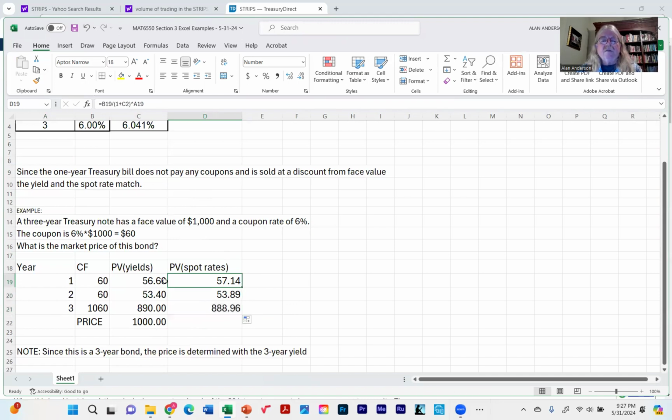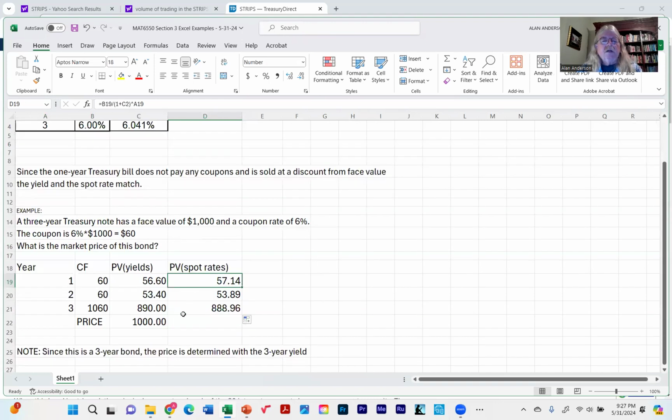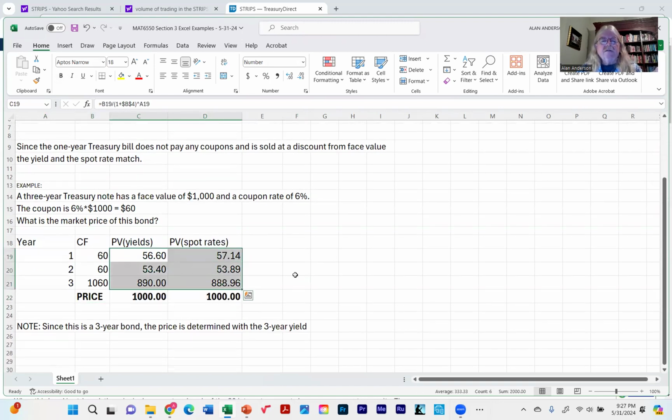Even though they're different from each other, they're going to add up to the same thing. You notice how all 3 of them are different, yet they add up to $1,000.